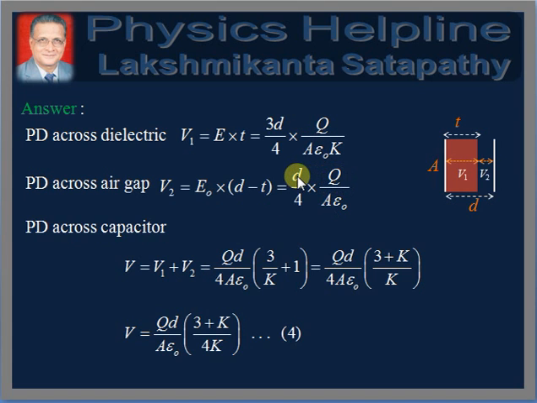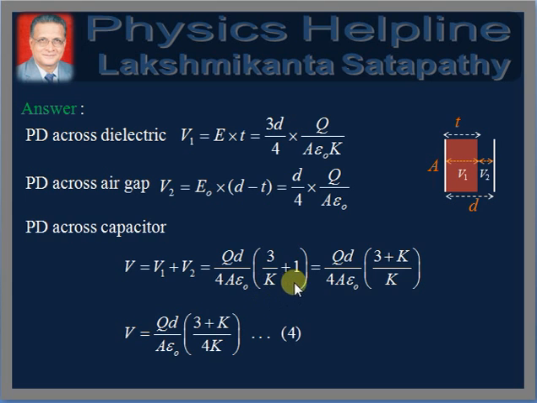Now adding these two terms, we see that Q into D divided by 4A epsilon 0 is present in both. Therefore, we keep it outside, QD by 4A epsilon 0, and in the first term we have 3 by K and in the second term only 1. Therefore, we get V is equal to QD by 4A epsilon 0 into 3 by K plus 1.